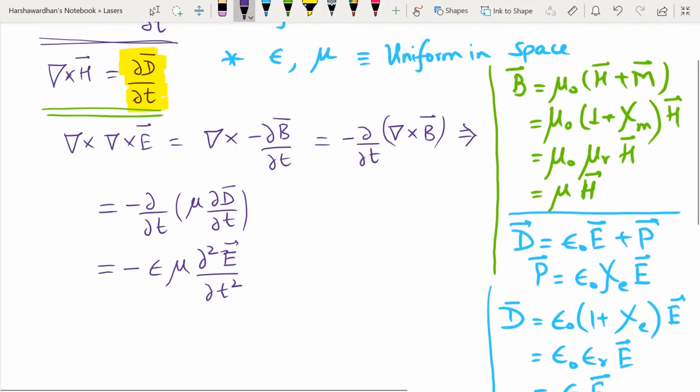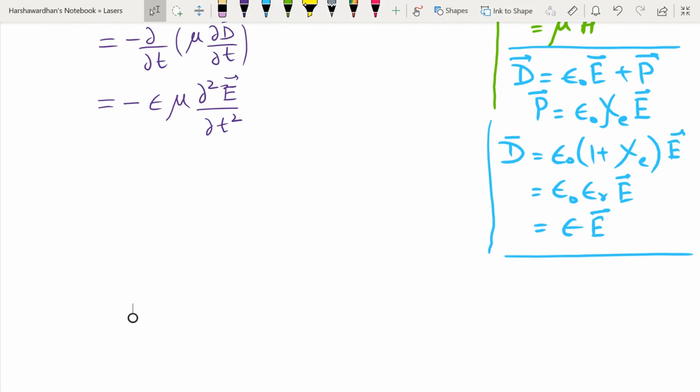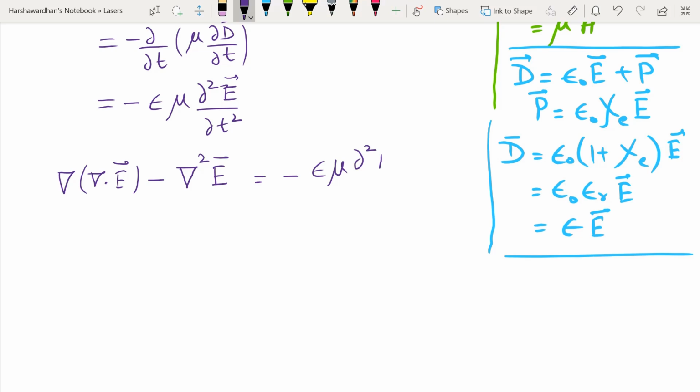I can replace my del cross del cross E as the gradient of the divergence of E minus the Laplacian, we call it del square E, which is minus epsilon mu dou square E over dou t square. Again, I note that I have already made the assumption, if I go back to Gauss's law, which is del dot D is rho free.